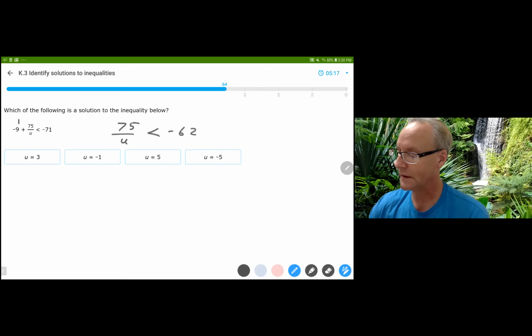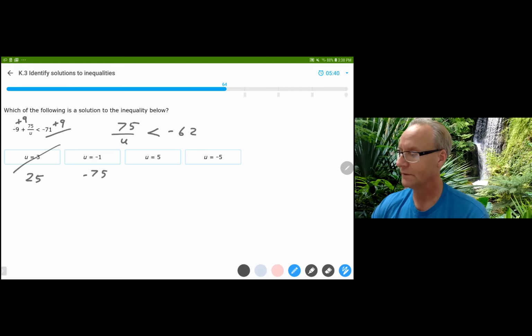When I add the 9 to both sides, I get negative 62 on that side. Well, if I take 75 divided by 3, I get 25, and that is not less than negative 62. When I divide by negative 1, I get negative 75, which is indeed less than negative 62.